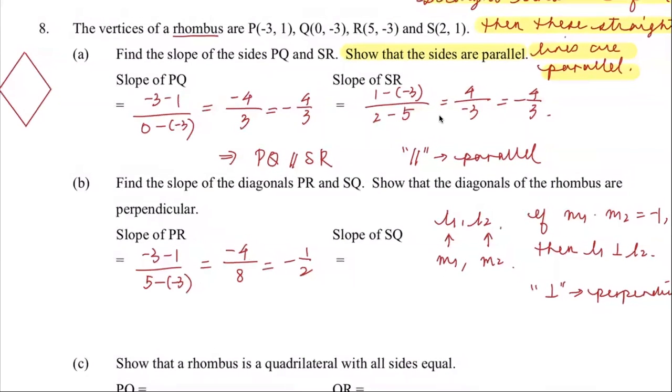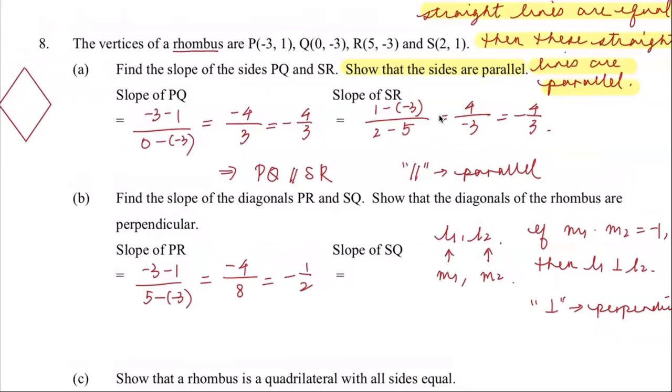Okay. What about slope of SQ? So the slope of SQ is equal to 1 minus 3 over 2 minus 0, which is equal to 4. 1 minus 3, that's 1 plus 3, right? Which is 4. 4 over 2, which is 2. Okay, so we have the slope of PR is equal to minus 1/2, and slope of SQ is equal to 2.